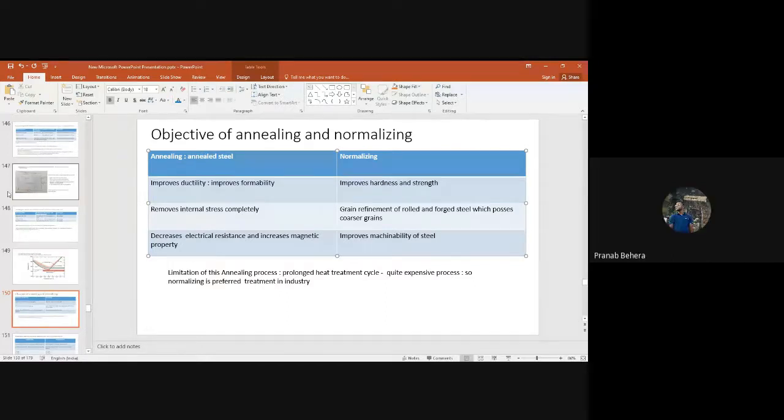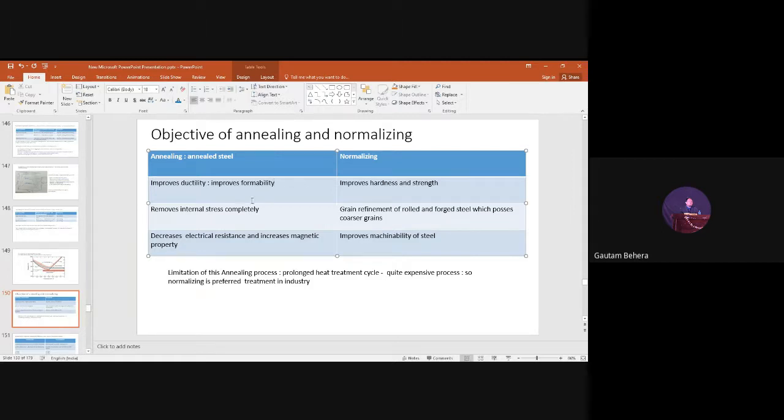Because here the cooling rate is slow, furnace cooling. Very good. So we are giving that much time for diffusion. So finally, we have our product grains coarser. Very good. Since the product microstructures are coarser, that's why it has more ductility and improved formability. You can easily deform it to give any shape, right?